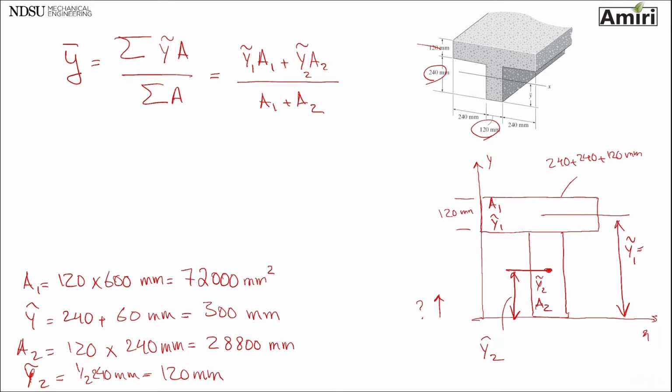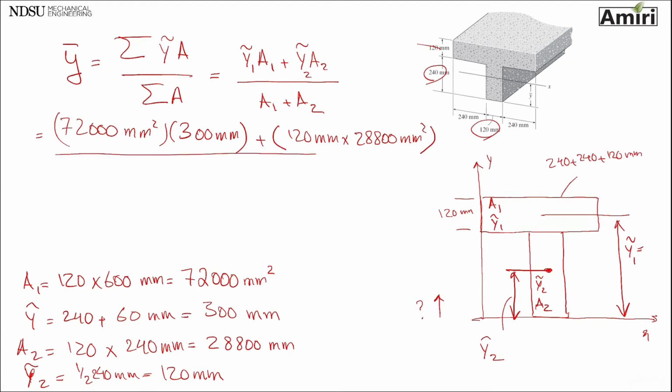That's all I need. Let's put it back in this equation. Area 1, 72,000, y tilde 1, 300 mm, plus y tilde 2, 120 mm, multiplied by area 2, 28,800, over summation of area, 72,000 plus 28,800.